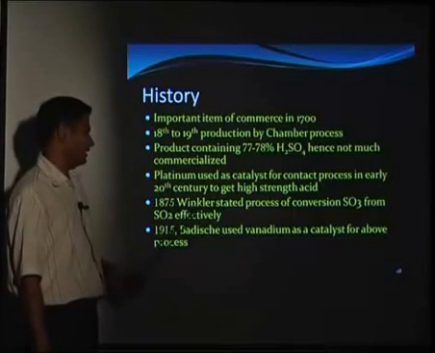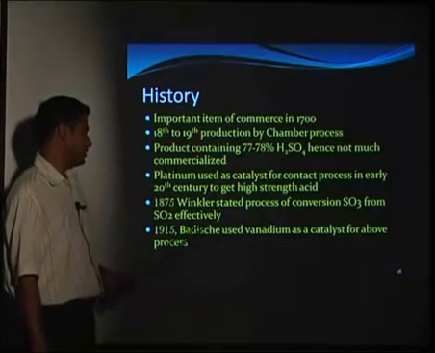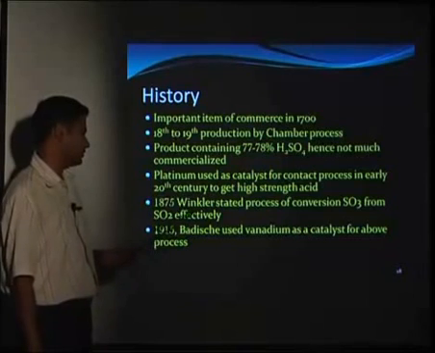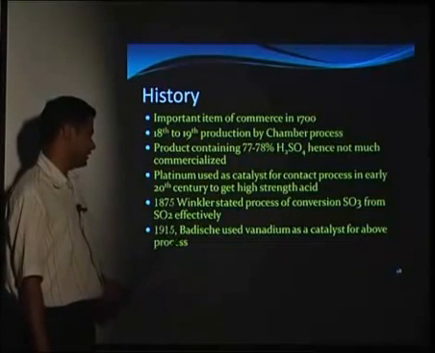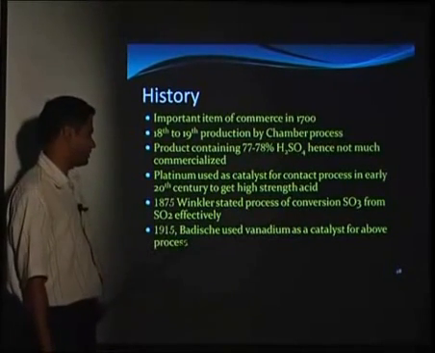In 1875, Winkler started the process of converting SO3 from SO2 effectively. So the yield of SO3 from SO2 conversion was increased, and that was developed by Winkler in 1875. Then in 1915, Bradish used vanadium as a catalyst for the above process.